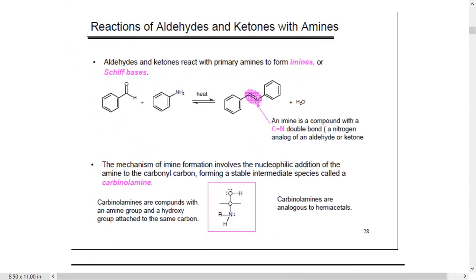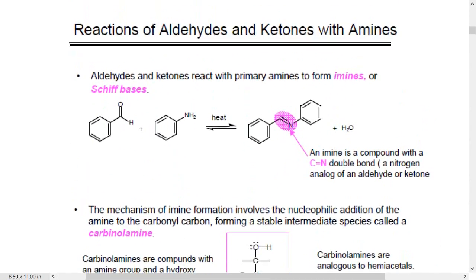Now we can talk a little bit about the reaction of aldehyde and ketone with amine. I have an aldehyde, and I ask the aldehyde, are you going to react with the amine? They say, okay, I will do that. And how do they do it?